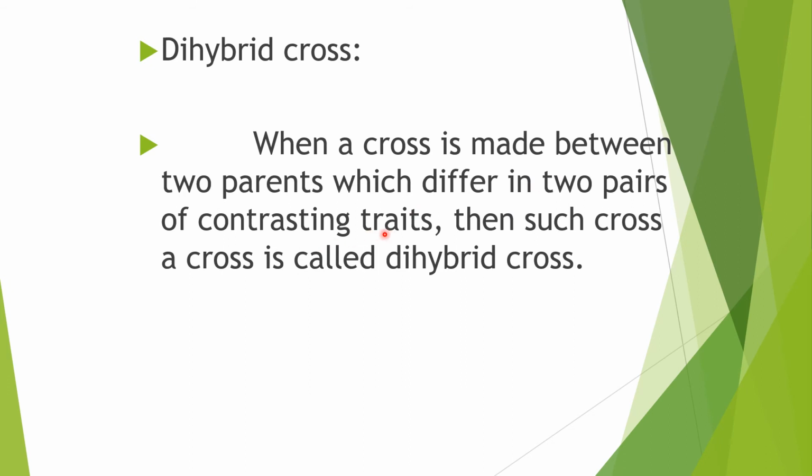So if you are asked to differentiate between monohybrid and dihybrid cross as far as the definition is concerned, for monohybrid cross, you will be writing, when a cross is made between two parents which differ in one pair of contrasting traits. But here, in dihybrid cross, you'll be writing, when a cross is made between two parents which differ in two pairs of contrasting traits, then such a cross is called dihybrid cross.